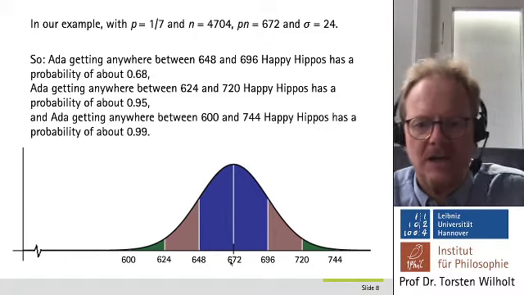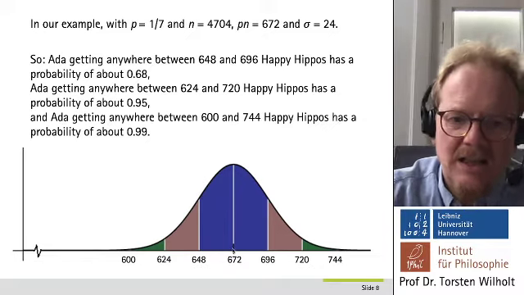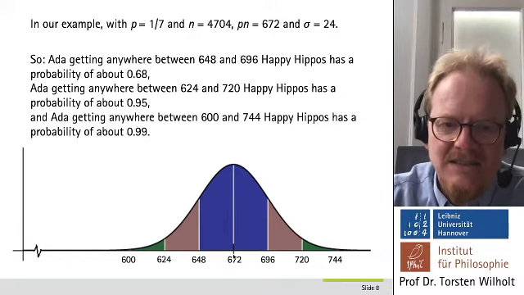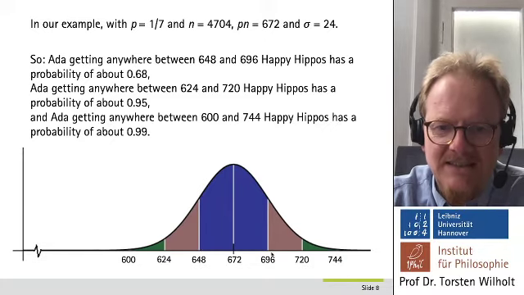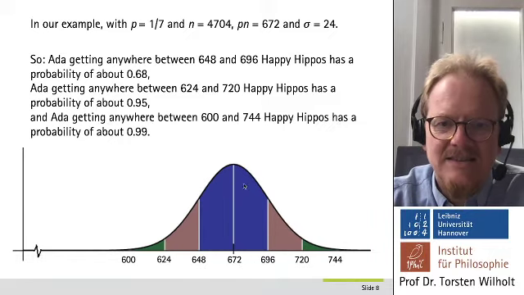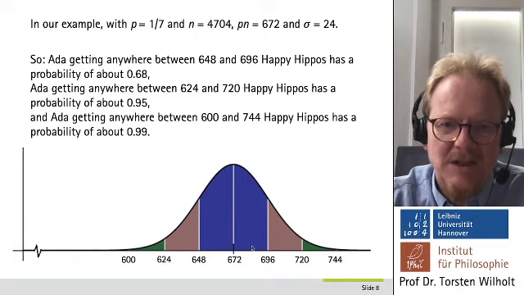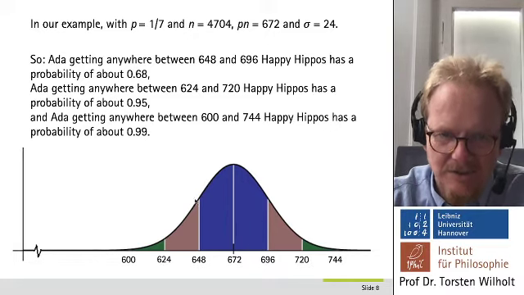So within 1 standard deviation of the mean, that's the range between 648 and 696, lies about 68% of all the probability.